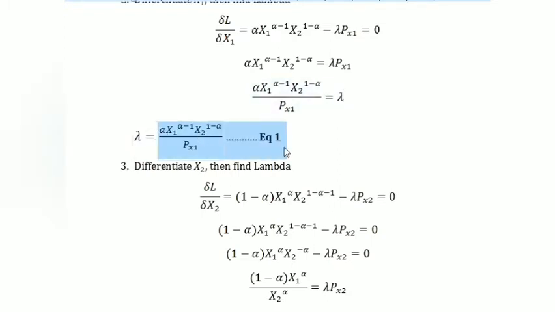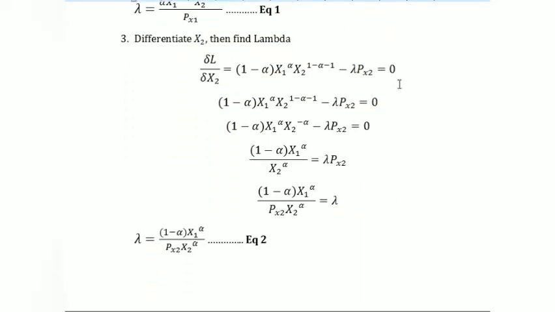For the next step we differentiate with respect to x2, and then we find lambda. So we differentiate L over x2. We multiply the power of x2, which is 1 minus alpha, with x1 to the alpha, and then multiply with x2 to the 1 minus alpha minus 1, minus lambda price of good x2, and then we set it equal to 0.